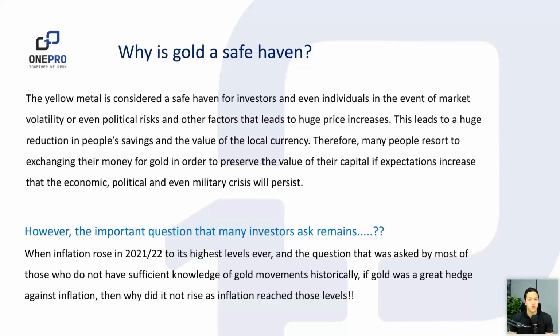When it comes to gold, gold is basically the top safe asset regarded in the financial markets. It's always referred to as a safe haven asset. So why is that?